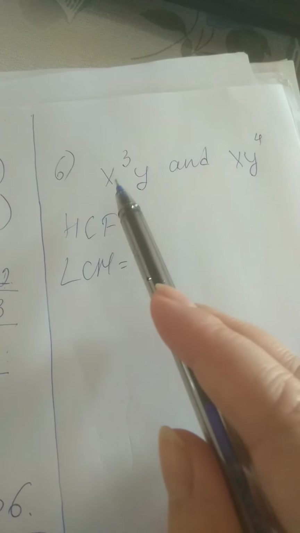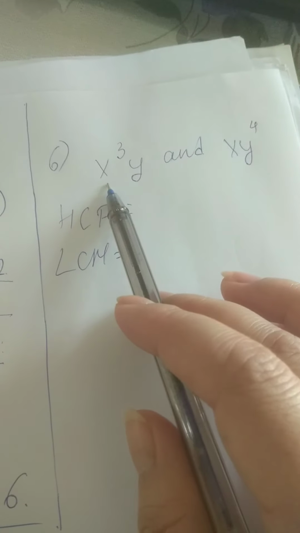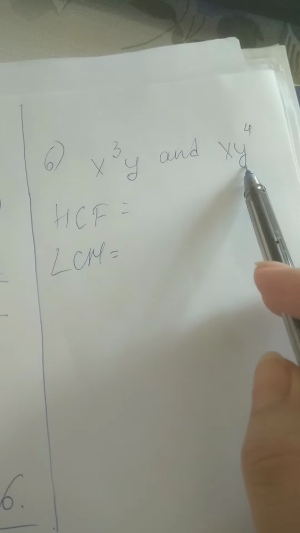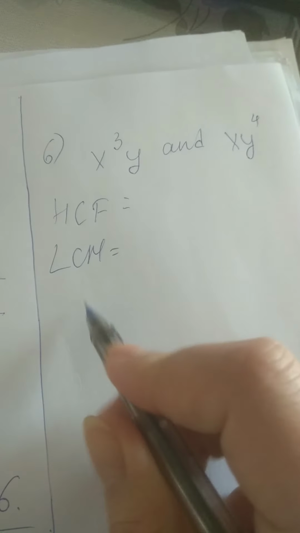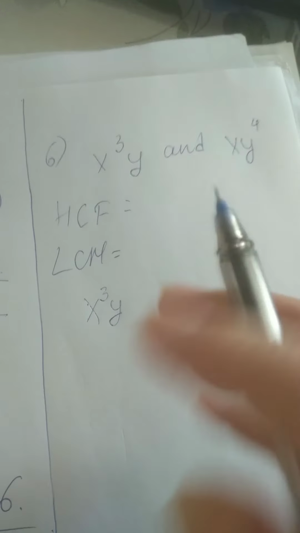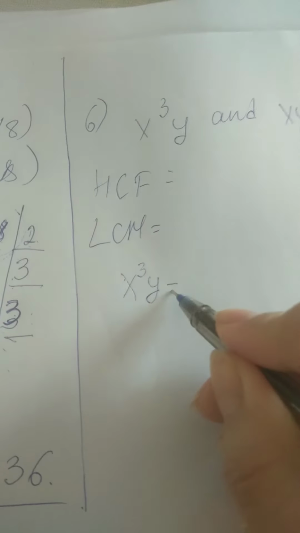So look at here, xy and xy, it's the same thing. So we have 3x, 1y here, and we have 1x and 4y there. So again, write the same thing. X cube y, it's the same thing with the factors, but you don't need to write like that. So how can you get x cube?